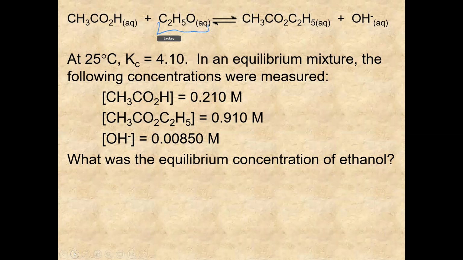So here we are using the same equilibrium expression, but we're going to be solving for one of the concentrations instead of the K value. So we're going to be using the same K expression.